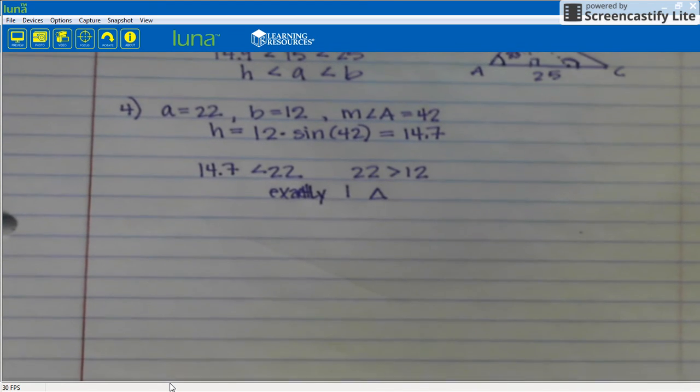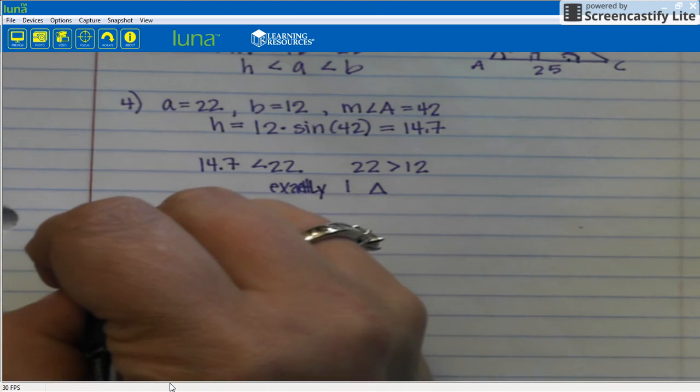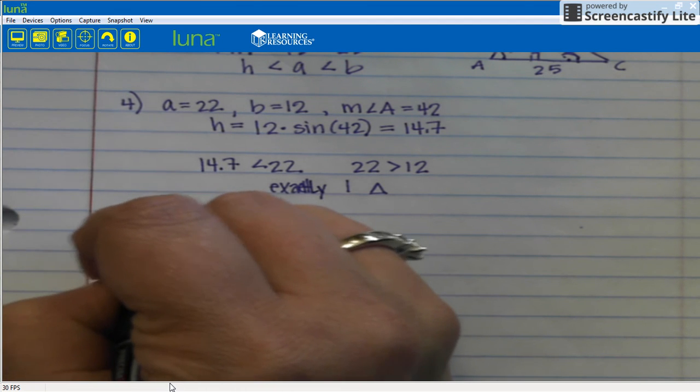And the last thing we deal with in our law of sines is how to find the area of an oblique triangle if we're not given all of the information.